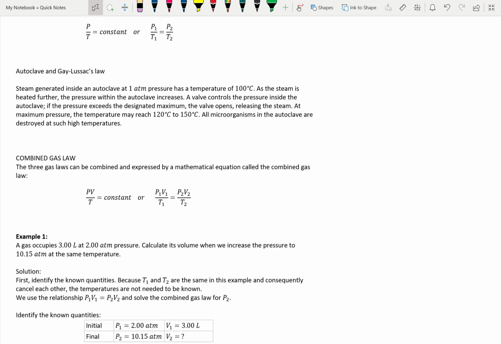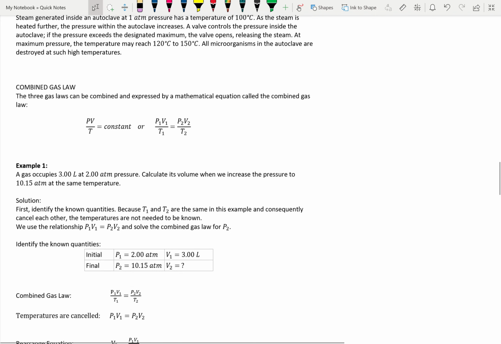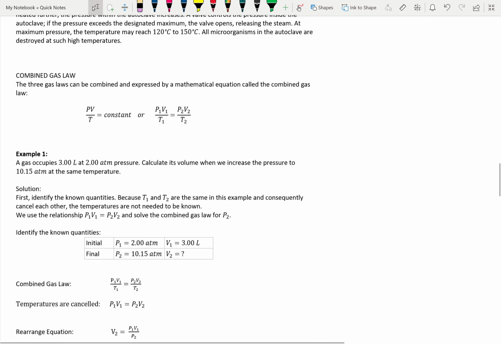So I'm going to go over a few examples. Example 1. A gas occupies 3 liters at 2 atmospheric pressure. Calculate its volume when we increase the pressure to 10.15 atmospheric pressure at the same temperature. So, same temperature, right? Therefore, T1 and T2 are constant.